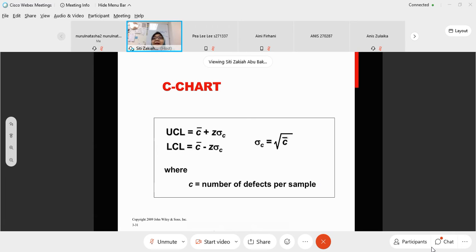Defects that you can count. The formula is simple, much simpler than the P chart. UCL equals C bar plus Z sigma C, where sigma C is the square root of C bar. Remember, C bar, P bar, X bar are all averages.